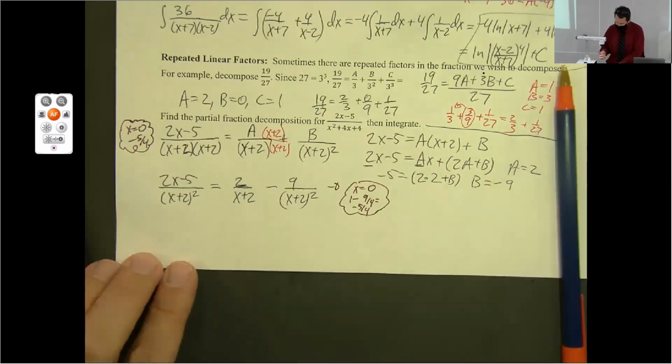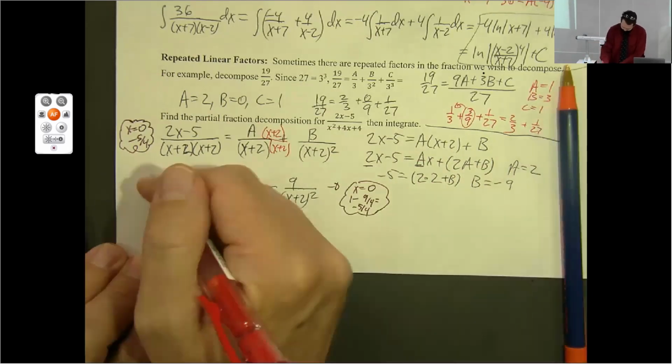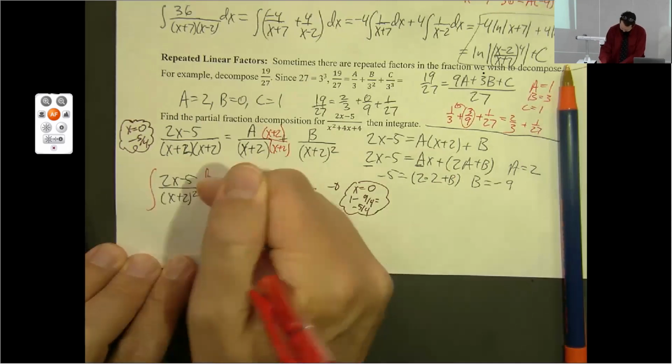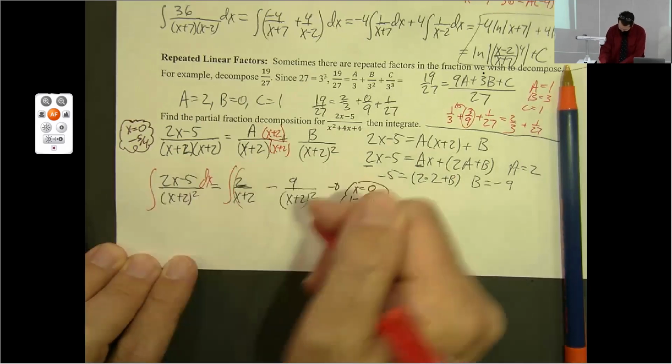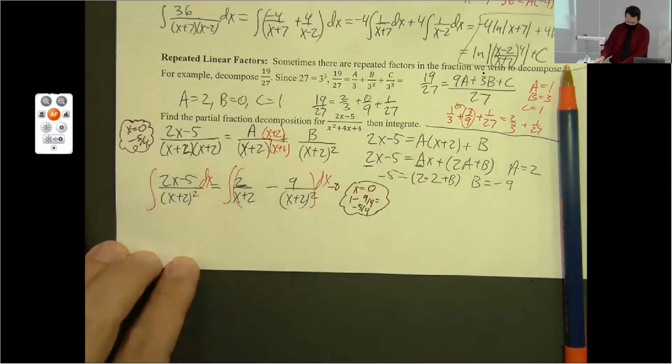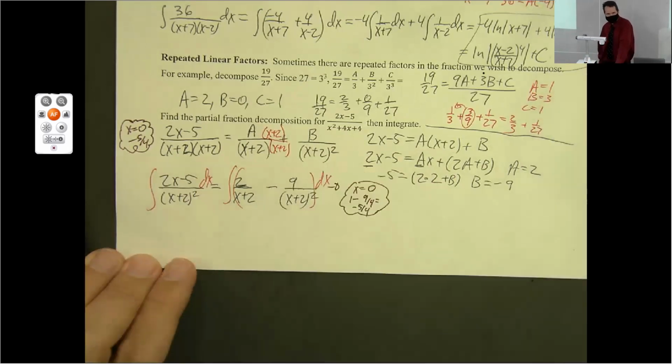Now, what do we need to do? We asked you to integrate. We aren't done yet. That's why there's still extra space on the paper.